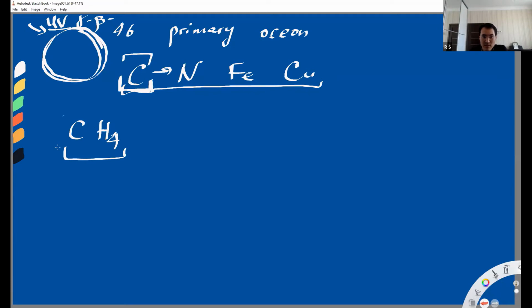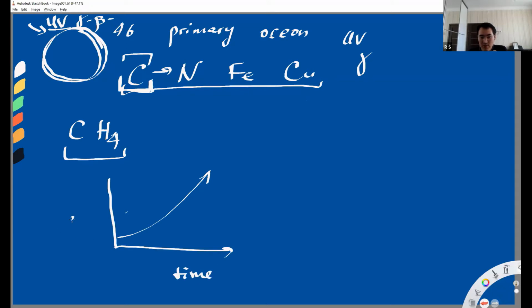And these organic molecules started growing in numbers. Because of this constant bombarding with UV and other energies, this process was going on and on. So the complexity of these molecules was growing with time. This is time, and this is complexity. At some point, we started obtaining molecules that were very high in atomic mass.